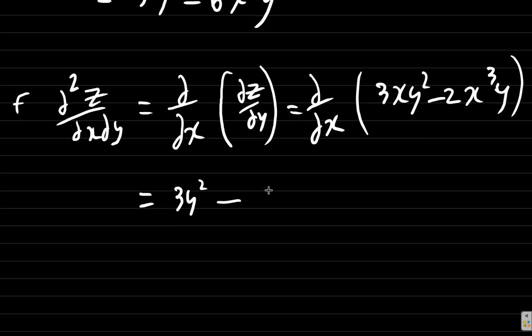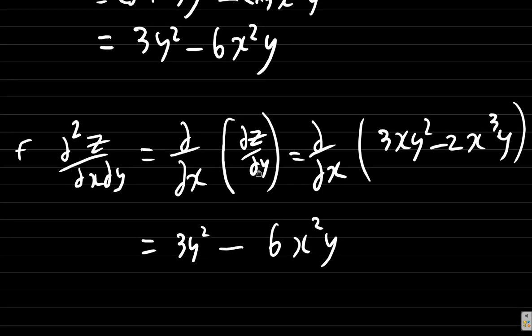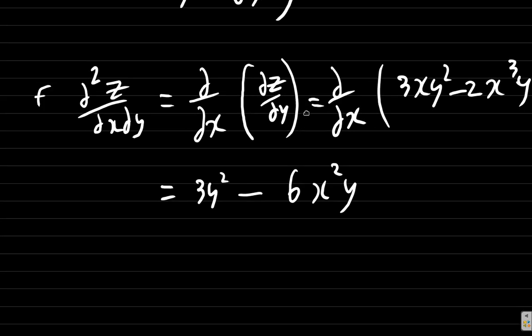So it's 3 times 2, x to the 3 minus 1 is 2, y. 3 times 2 is 6, so it's going to be 6. Alright, so 3y squared minus 6x squared y.